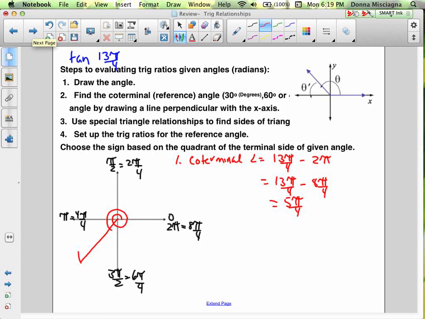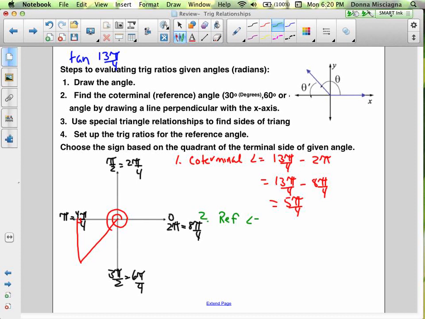And to draw a reference triangle, we head straight to the x-axis. There's our reference triangle. So that was step one, getting our coterminal angle and then graphing our angle. Step two is the reference angle. We are in the third quadrant.